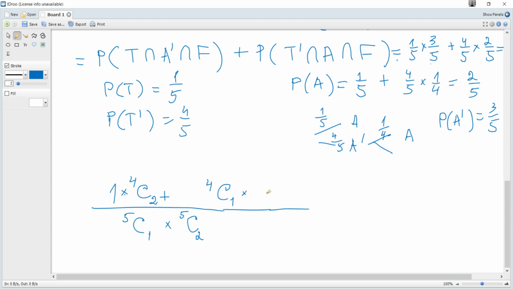multiplied by a number of ways to choose girls, but Anna should be chosen, team of 2, and Anna is already chosen, so we need 1 more girl, so 1 girl should be chosen out of 4 remaining girls. 5 girls in total, Anna is already chosen, so it becomes 1 out of 4.